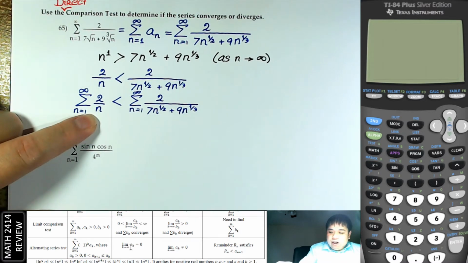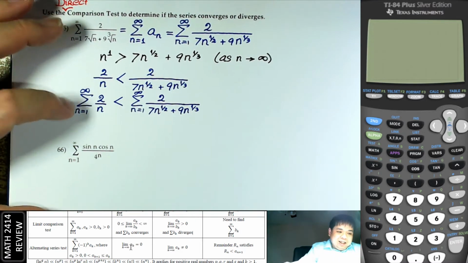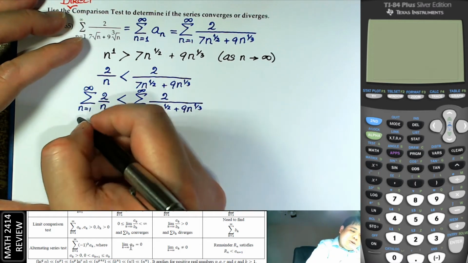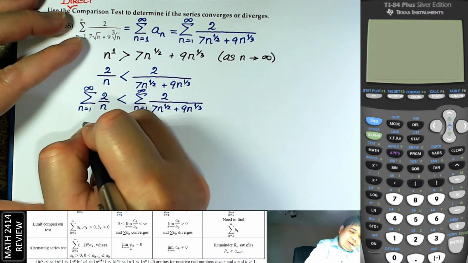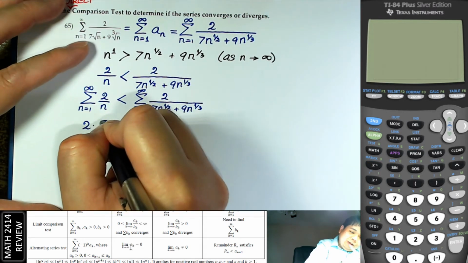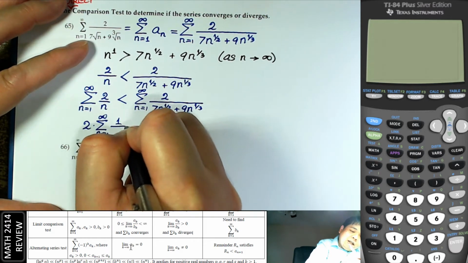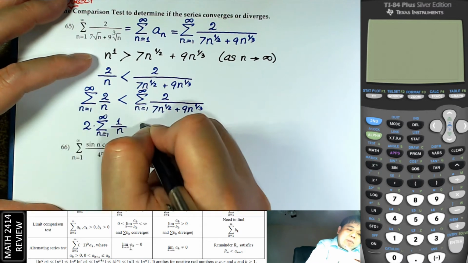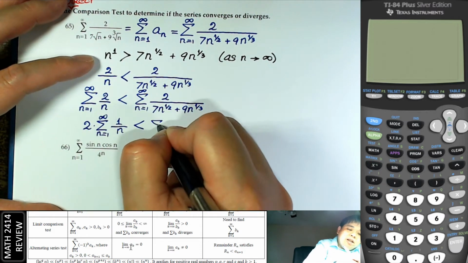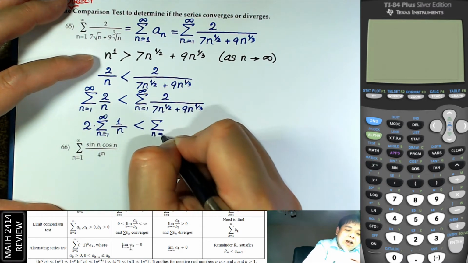We know for sure the series on the left, I can take out the 2. Just have 1 over n. This is the harmonic series, or we say p-series with p equal to 1.